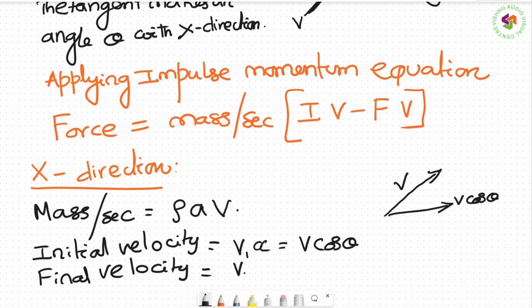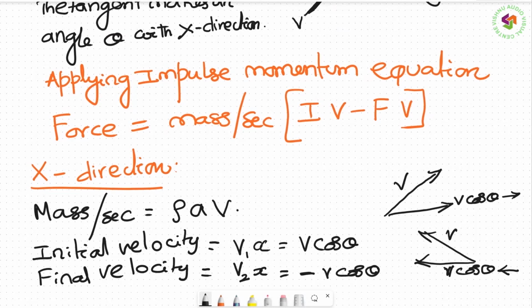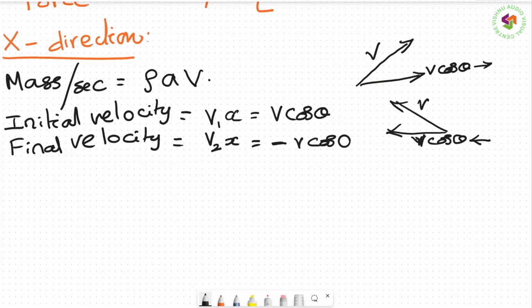It is v2x. How is it leaving actually? It is leaving like this. This is V. So I want it in this direction. It is again V cos theta. What is the difference? This one is in this direction, and this one is actually in the opposite direction. So I can write this as minus V cos theta. Why minus? Because its direction is different.